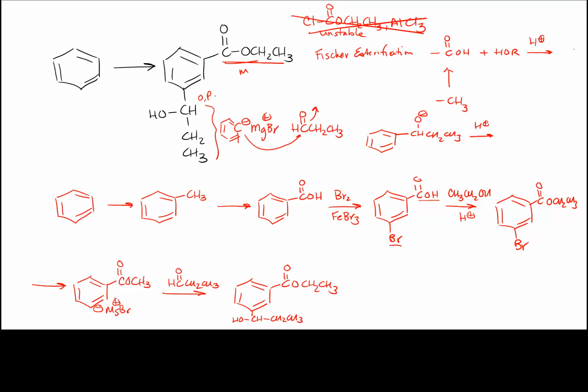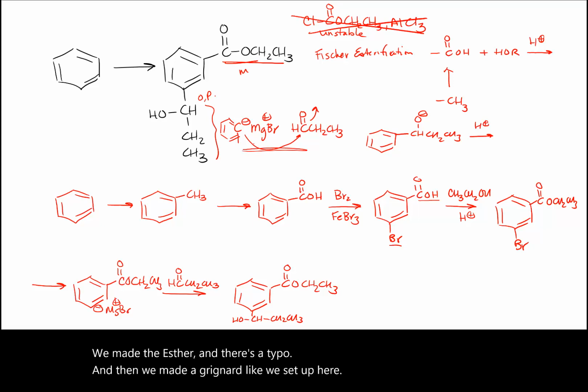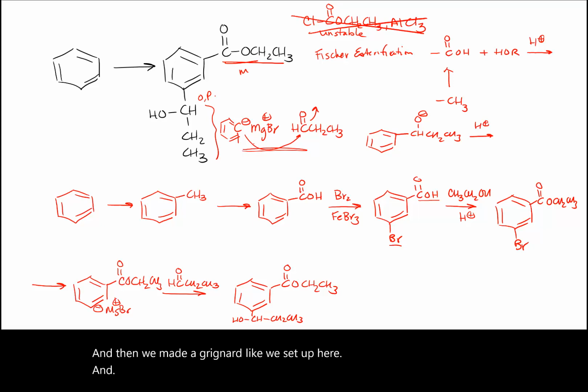Okay, so what happened was that we made the ester, and there's a typo. And then we made a Grignard like we set up here. And then we reacted it with the aldehyde to give us the alcohol.